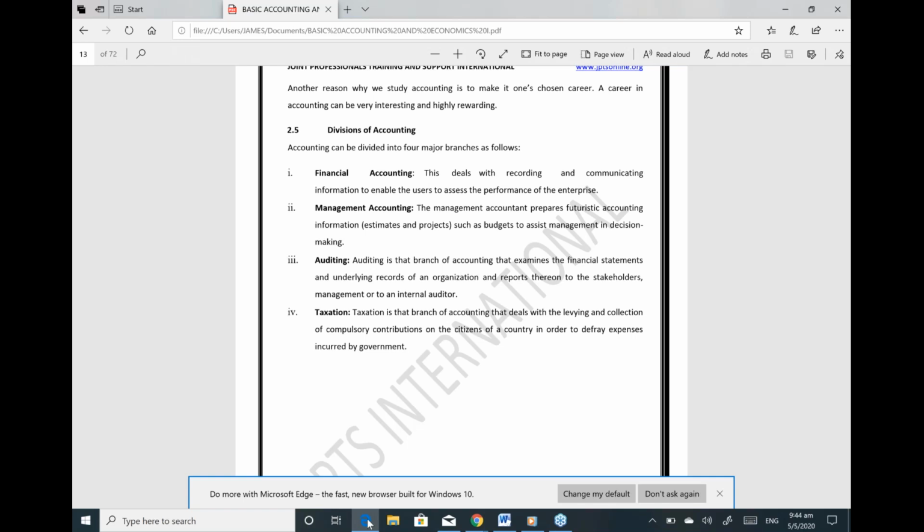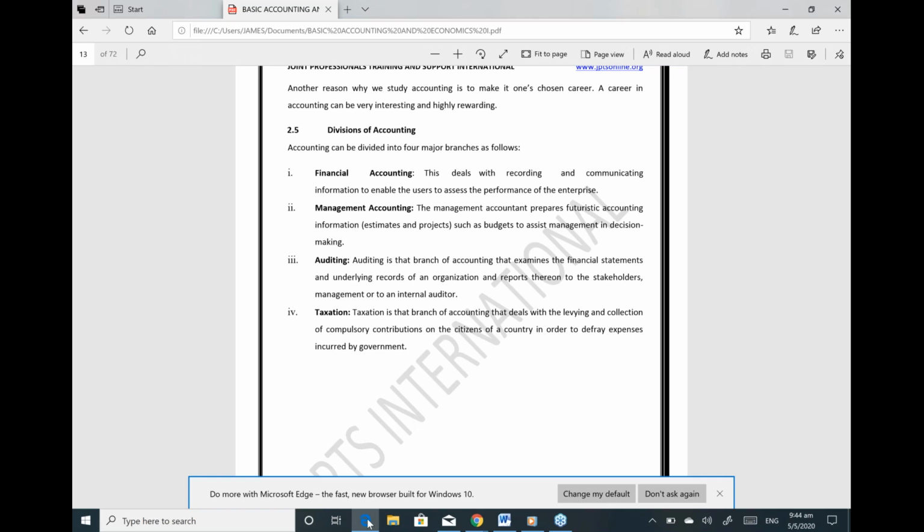Then we look at auditing. Auditing is that branch of accounting that examines the financial statement and underlying records of an organization and reports thereon to the stakeholder, management, or to an internal auditor. Now, I told you auditing is of 2 ways: the internal auditing done by the accountant, and the external auditing that has to be verified by the external auditor.